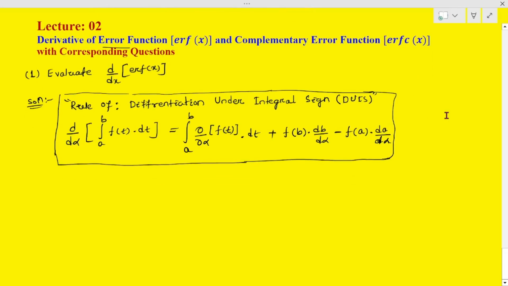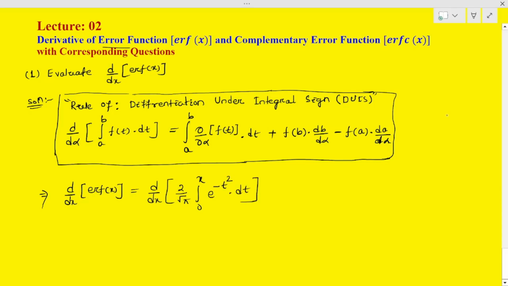Here in our case we have to differentiate d by dx. That implies d by dx of erf(x) is nothing but d by dx of the integral form of the error function, 2 by root pi, integral from 0 to x of e to the power minus t square dt.